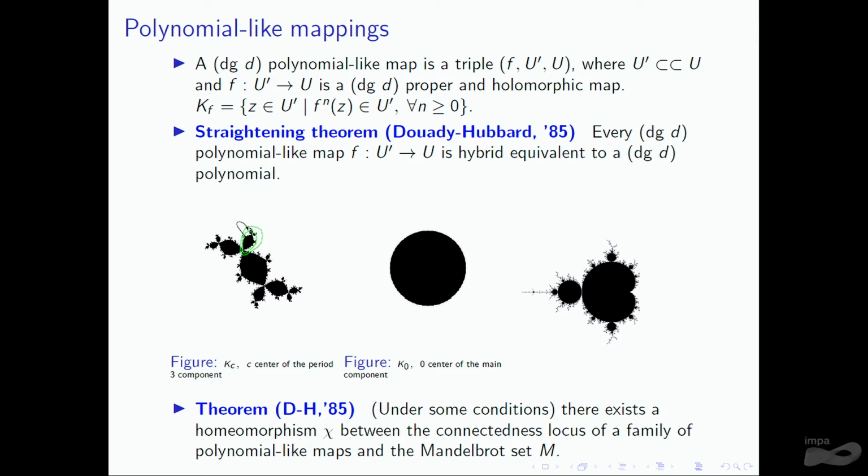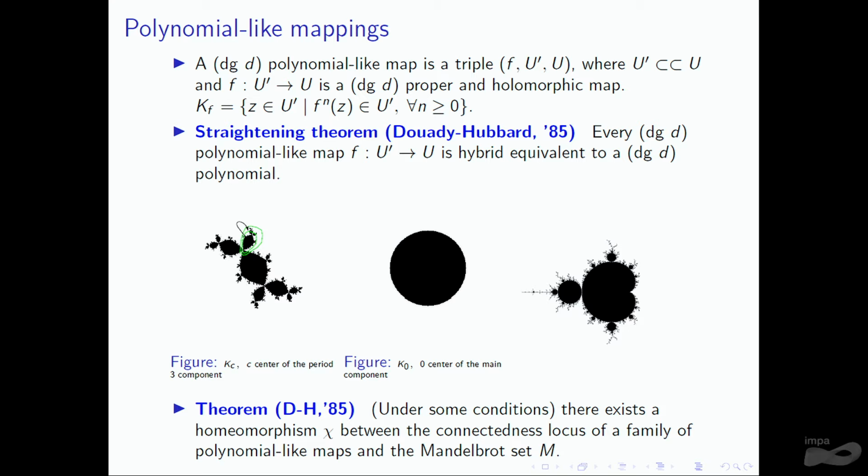I have an attracting cycle of period 3, which is here, here, and here. And attached here, you see all the preimages of these components. This is mapped to this one, 2 to 1. This is mapped to this one. This is mapped to this one. And here are all the preimages attached.